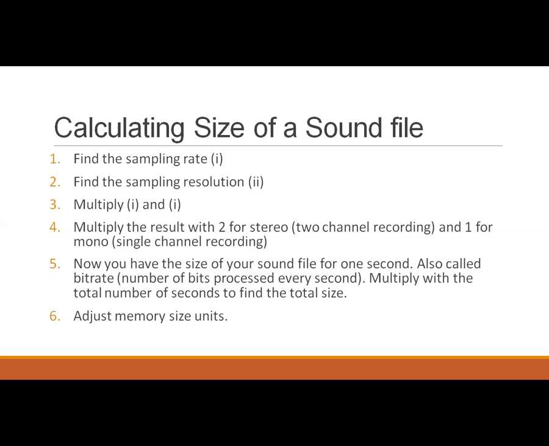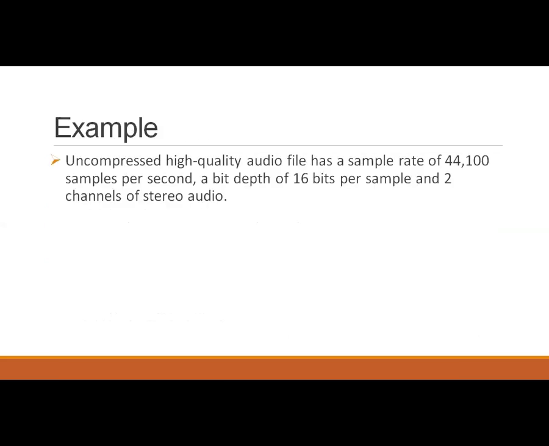Let's look at an example of calculating the sound file size. Using the same things that I have just mentioned, the sound I'm going to calculate is uncompressed. The sample rate is 44,100 samples per second.